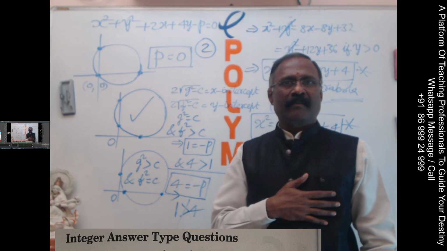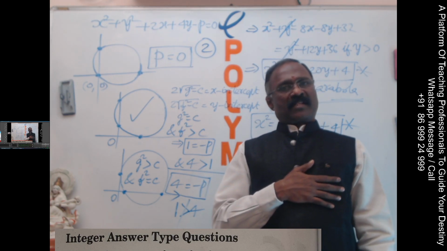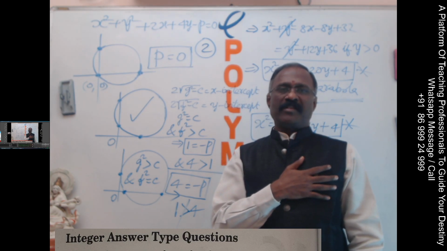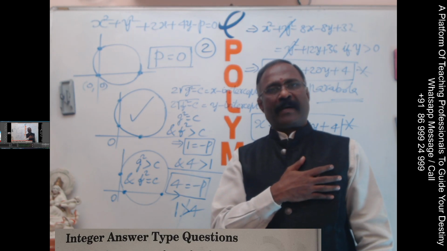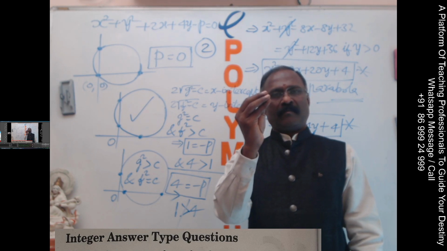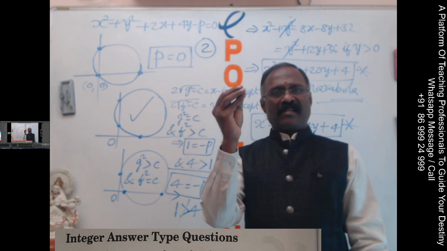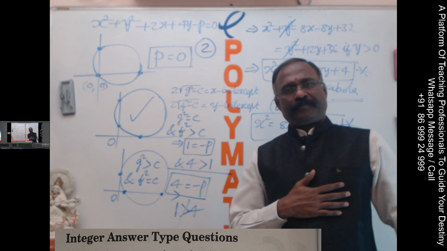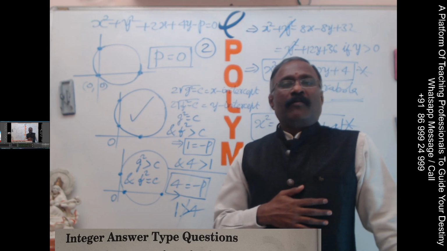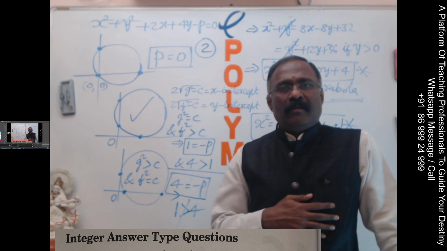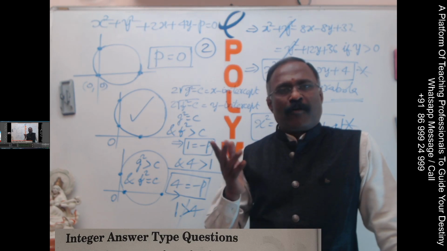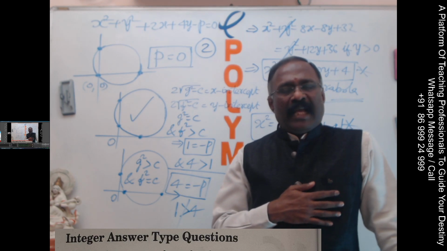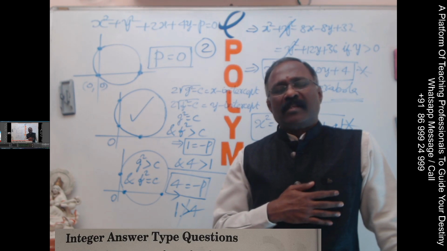Let me remind you of that. The equation of the tangent at t1 to the parabola, standard form y square equal to 4ax, is nothing but y t1 minus x minus a t1 square equal to 0.